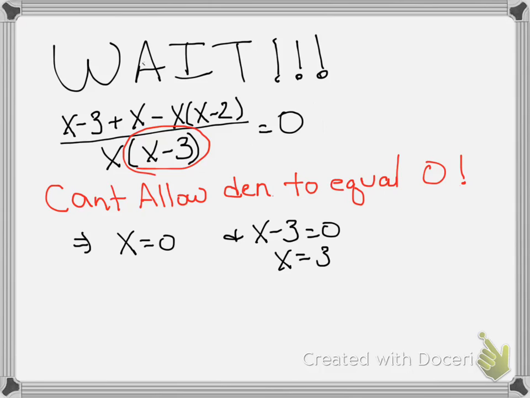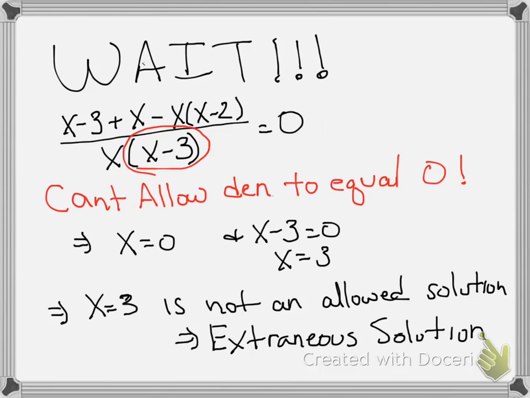So there's two numbers that do this. One is when x equals 0, and the other one is when x minus 3 equals 0, or x equals 3. So one of our solutions, x equals 3, is not an allowed solution. It's what we call an extraneous solution. Okay, so you always want to keep your eye out for these things when you end up multiplying variables out to 0.